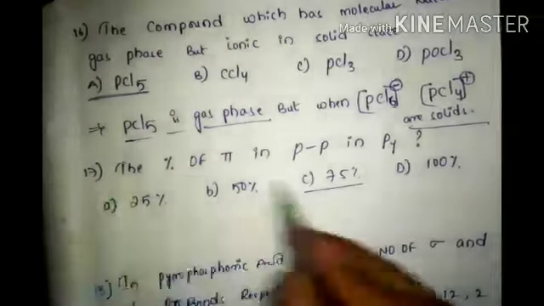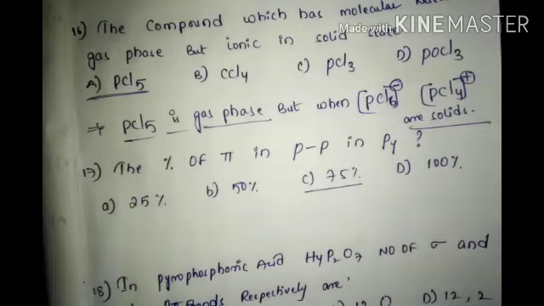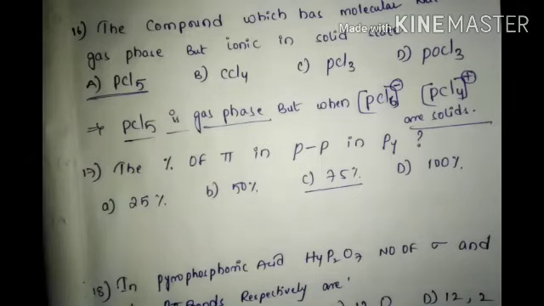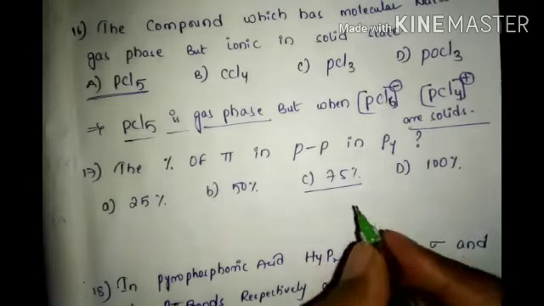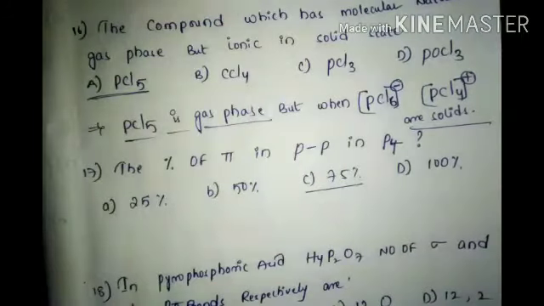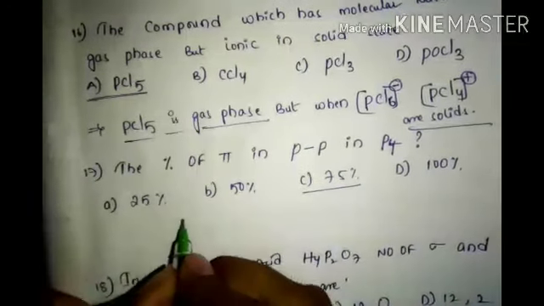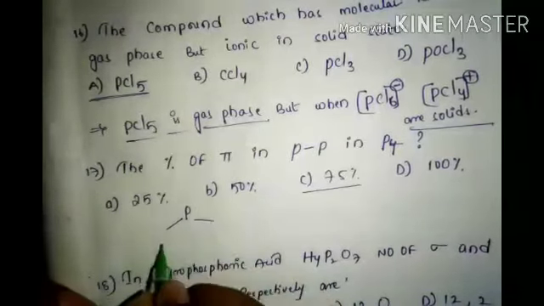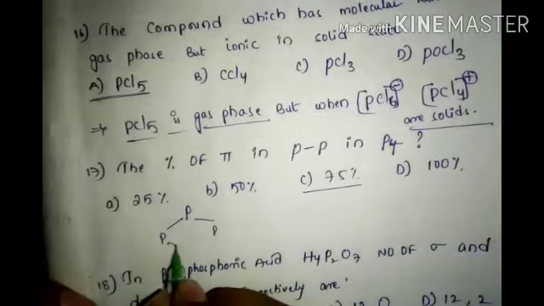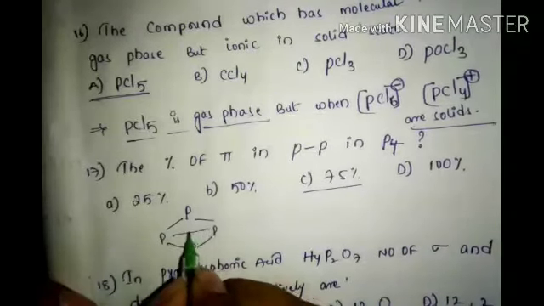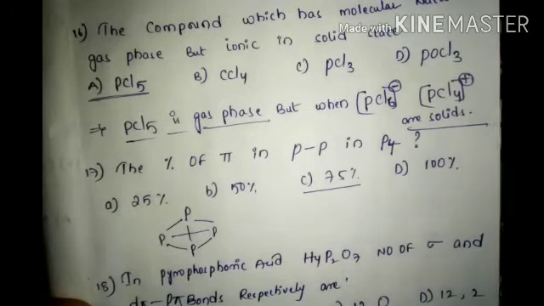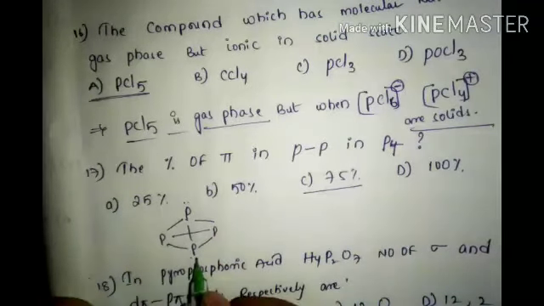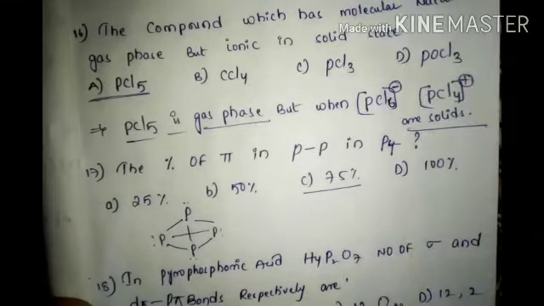Okay, next 17th question. The percentage of pi character in the P-P bond in P4. Actually the structure is this. So everywhere single bonds are there.